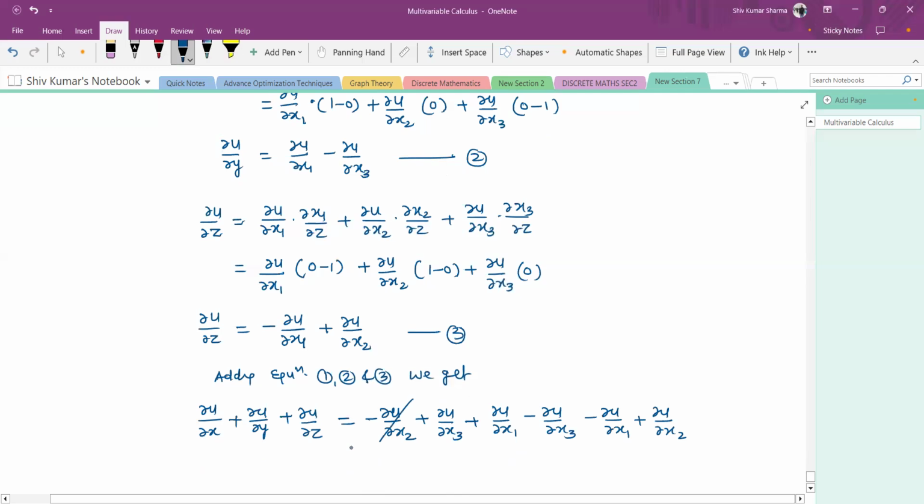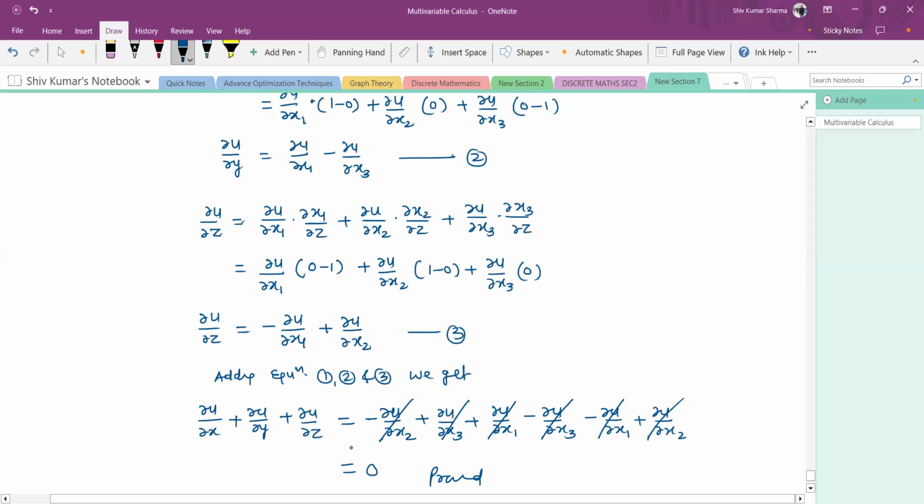So del u upon del x2 and del u upon del x2 cancel, del u upon del x3 and del u upon del x3 cancel, del u upon del x1 and del u upon del x1 cancel, and the sum is equal to 0. So this is the proof of the question.